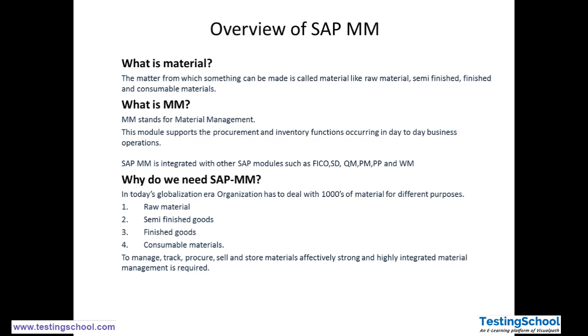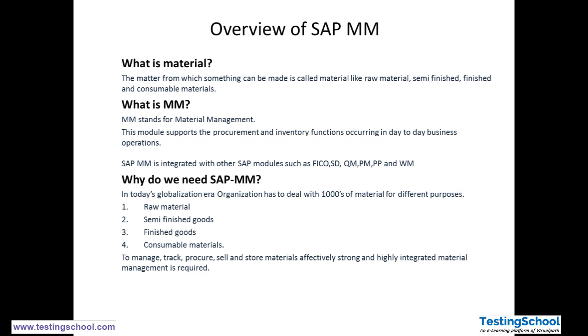Say for example, MRF. MRF is Madras Rubber Factory. So they are into manufacturing of tires. Now the tire is a finished product for MRF because MRF is selling the same tire directly. But for Maruti, a car manufacturing company, the tire is a semi-finished good.